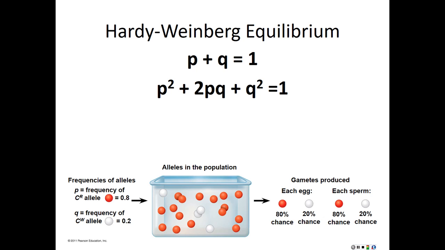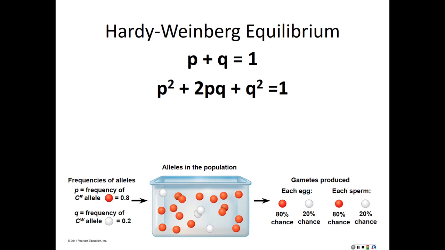So how this works is that if a population is in equilibrium, then both P and Q, the frequency of both P and Q, will stay the same in every generation. And so will P squared, Q squared, and 2PQ.